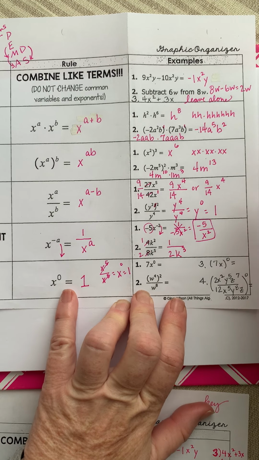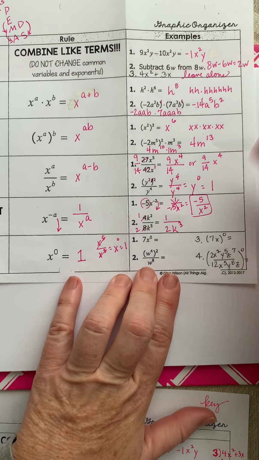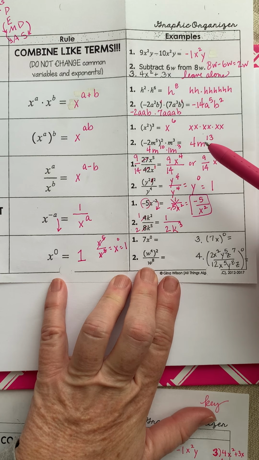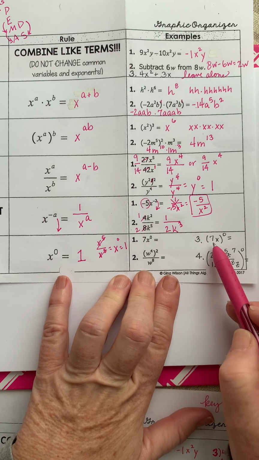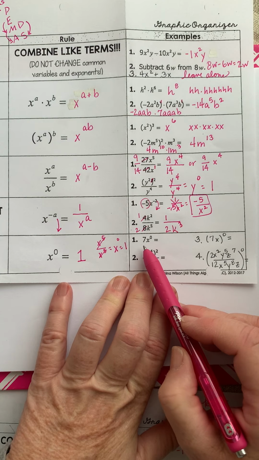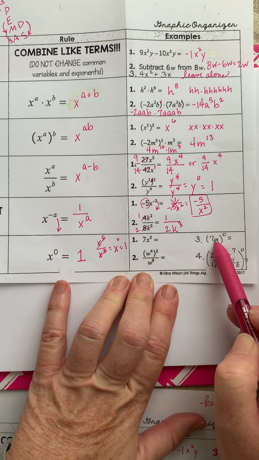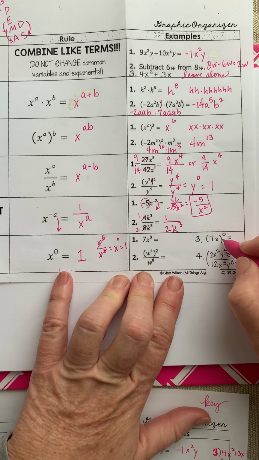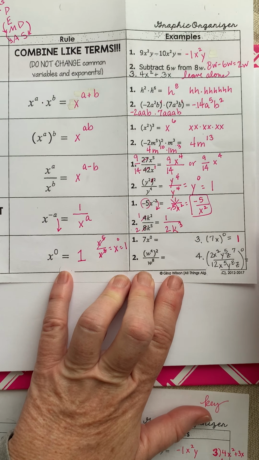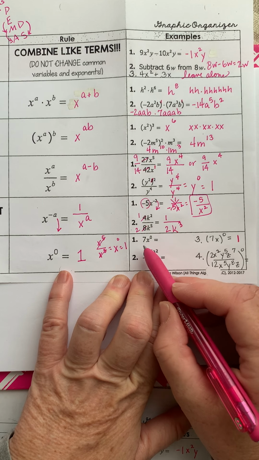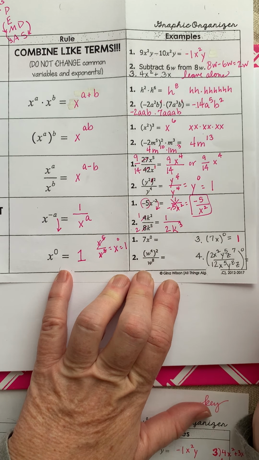All right, and then we have our 0 exponent rule, which says that anything raised to the 0 power is equal to 1. I added a couple of examples on this one. Especially this one right here is really important that you understand the difference between these. This example is equal to 1. This example is not, because the 7 is not being raised to the 0 power.